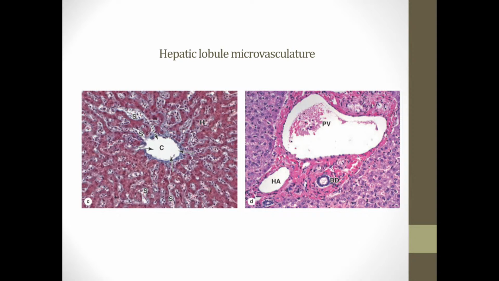In ducts, the wall of the duct usually has cuboidal or columnar cells. In arteries, the inner layer is endothelial cells.